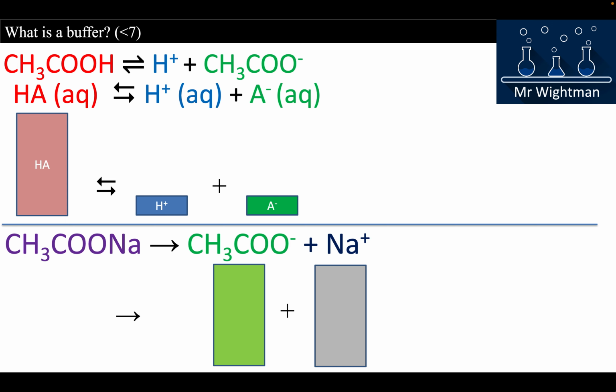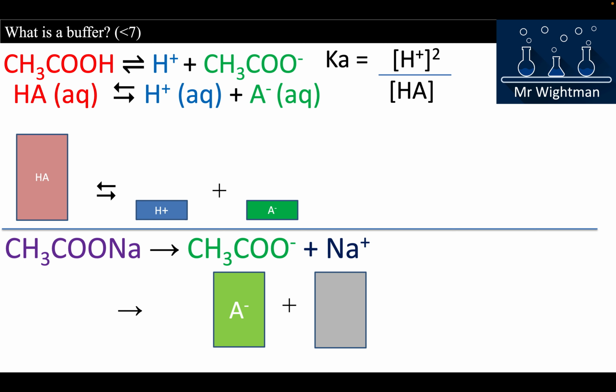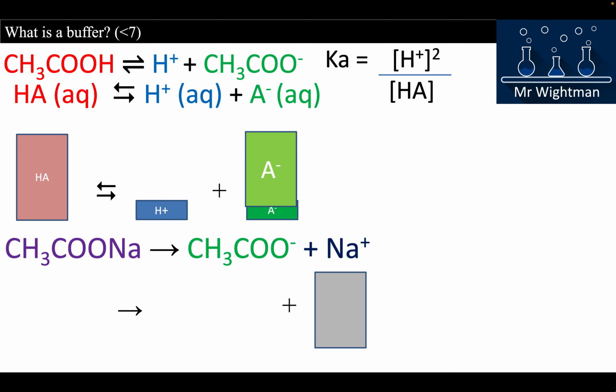So all of the sodium ethanoate is dissociated, and that means that when we mix these together, where before Ka was equal to H+ squared over HA, we can no longer assume that, because the A- would add to the existing A- that was produced by the weak acid. We can no longer assume that mathematical relationship.